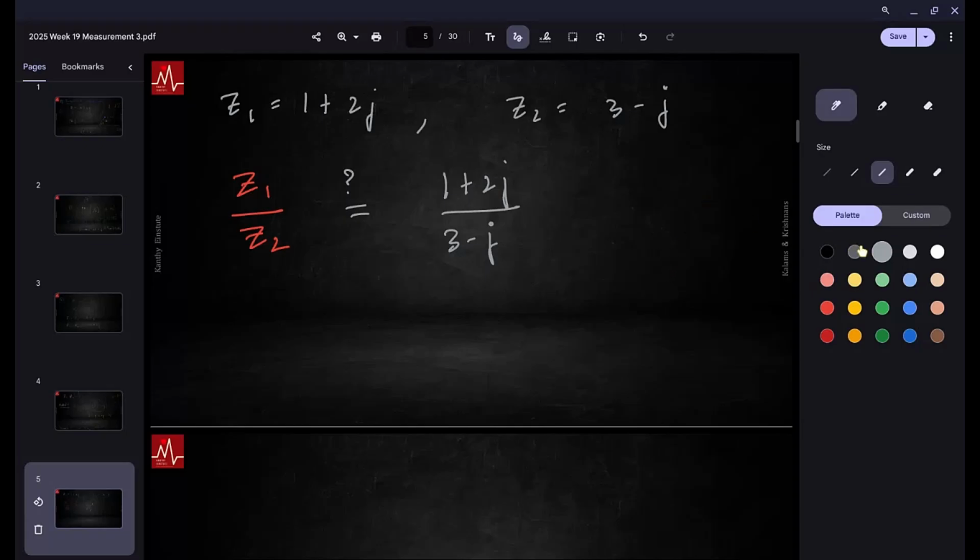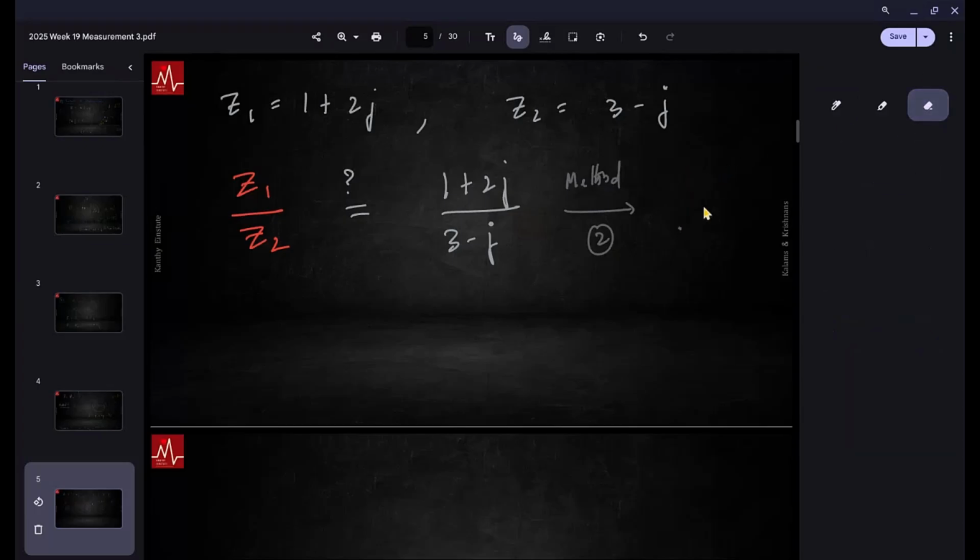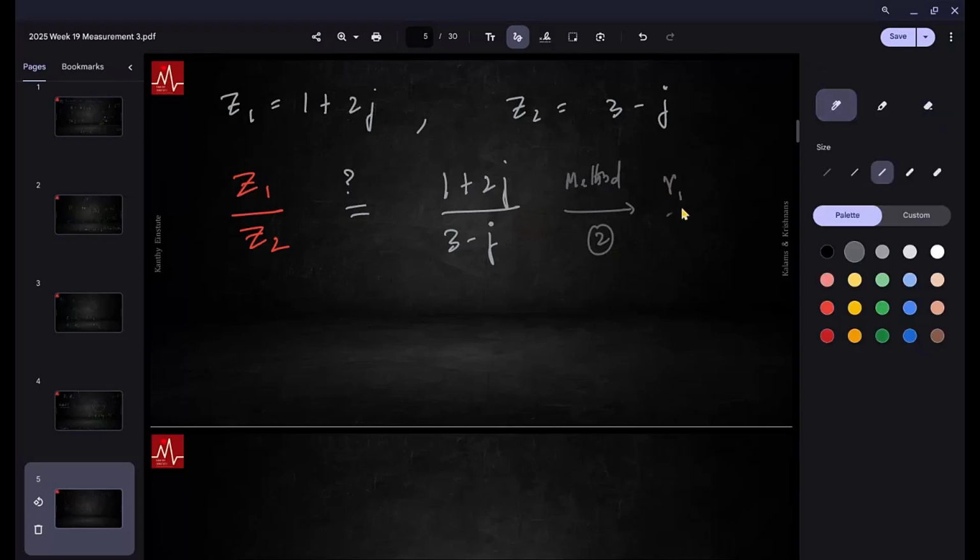Yeah, one is you could take this road. This is r1 by r2. The amplitudes get divided, e to the power j(theta 1 minus theta 2).